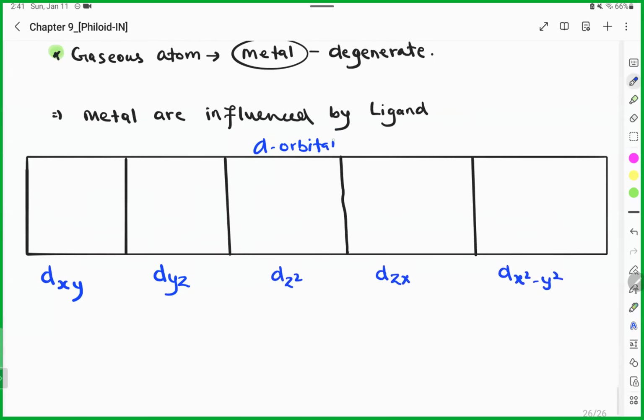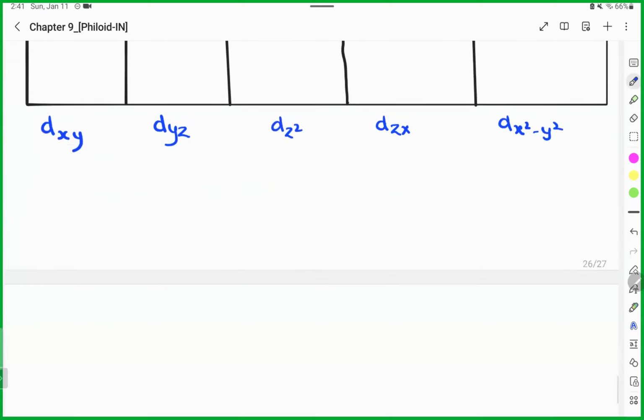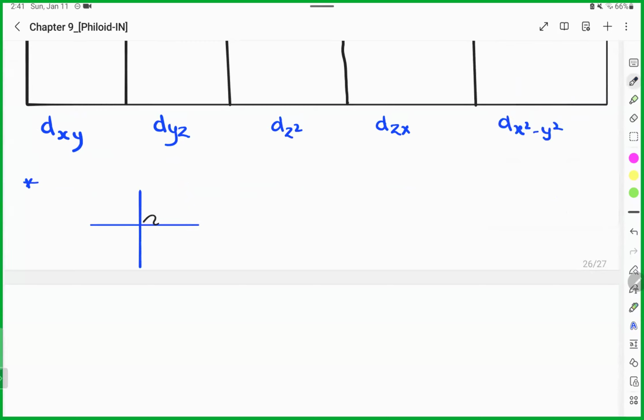So how can we represent dxy? We already did this in atomic structure. dxy means you have the x-axis and the y-axis, and your orbital is present between the x and y axes.